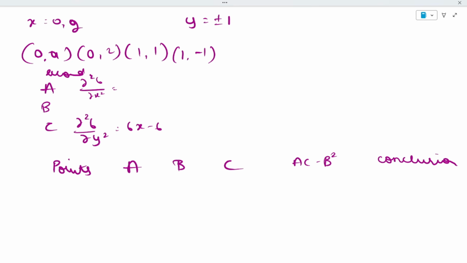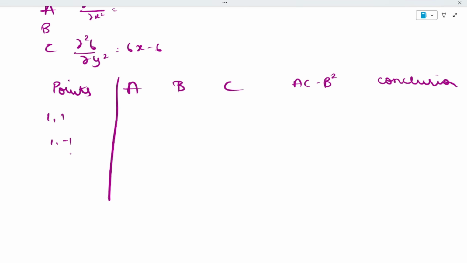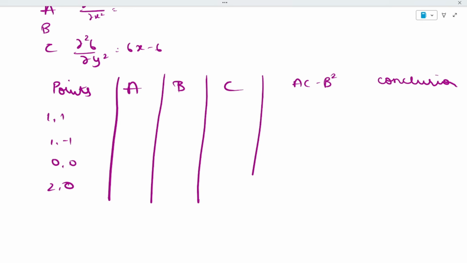Next you can draw one conclusion about the particular point. Now you had 4 points, right? We will write neatly. Here it is 1 comma 1, 1 comma minus 1, 0 comma 0 and 2 comma 0. We will be writing the A, B, C values and AC minus B square.